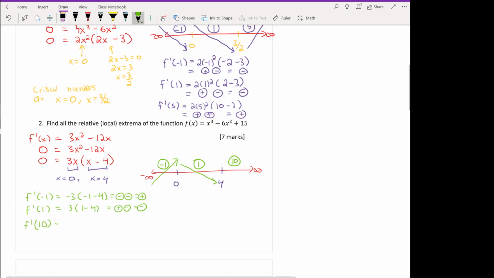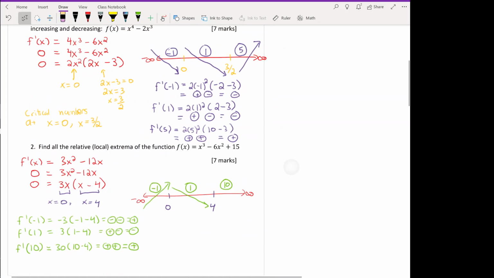So our last test value I'm going to plug in is 10. And viewers at home, you may have picked 7 or 5, and it won't change the outcome. So we have 30 times 10 minus 4, which is positive times positive. The part that matters is whether the derivative inside that region is plus or minus.